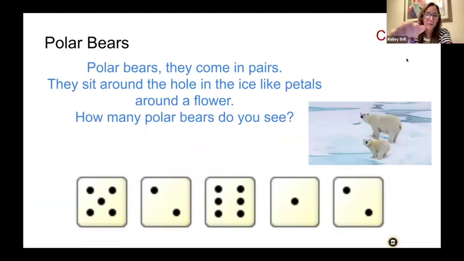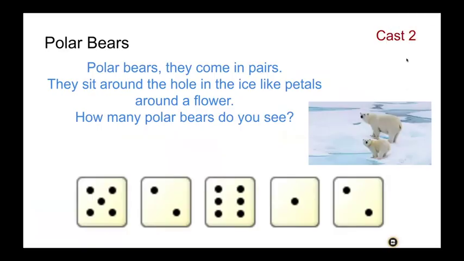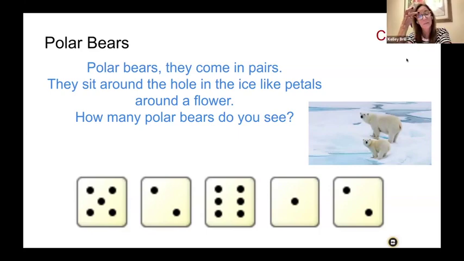No, wait. 1, 2, 3, 4, no. 6. No, 12. If the 6 in the middle of those are holes with 2 polar bears on each side, 2, 4, 6, 8. Oh, but didn't we say that the dot in the center was the hole in the ice?